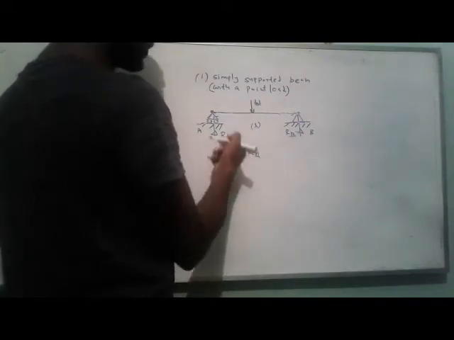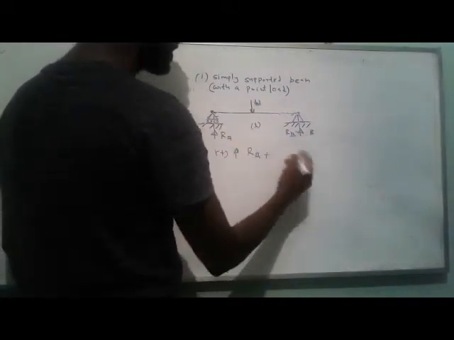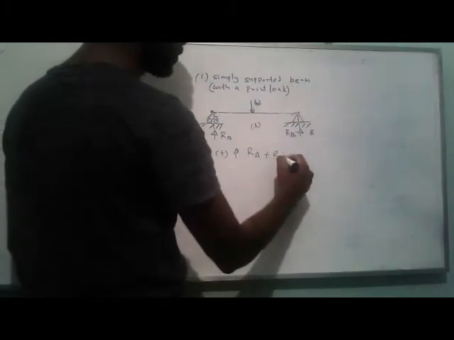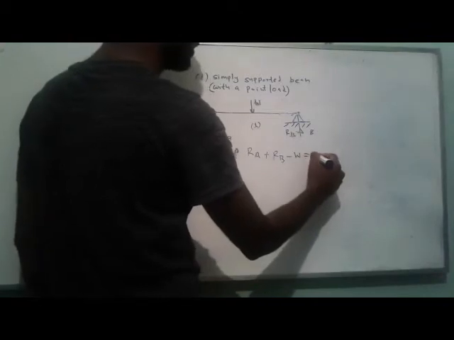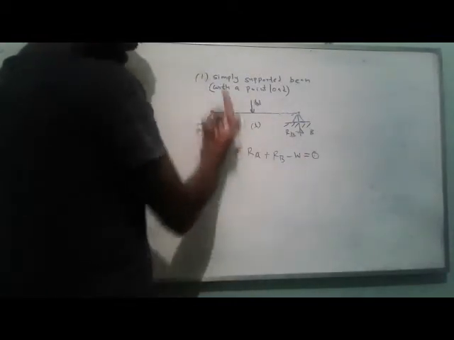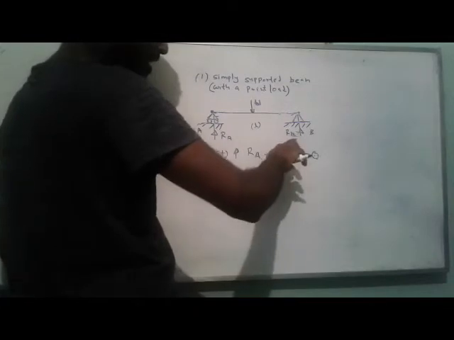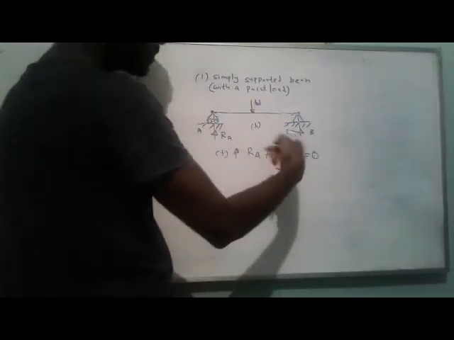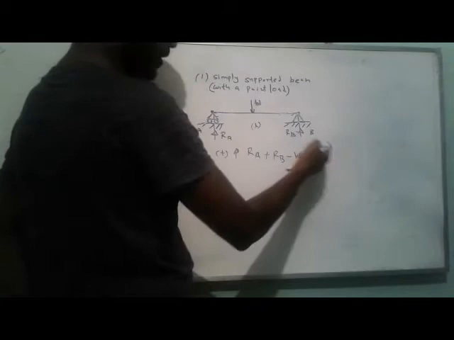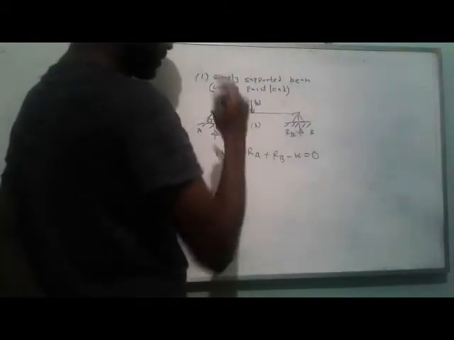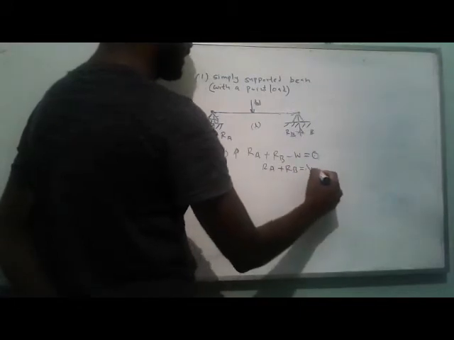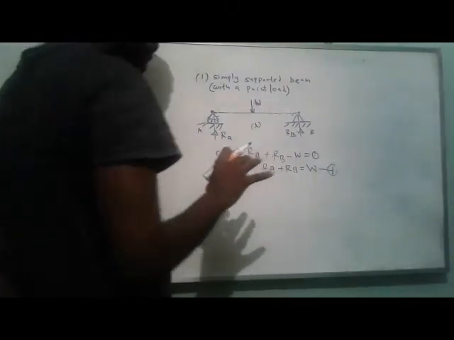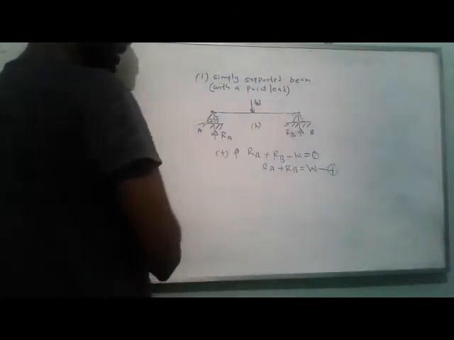Therefore, it is positive in the upward direction, and RB is also in the same direction, so it is also positive, and W in the downward direction is negative. All the forces in that direction have been considered. Therefore, it is equal to 0 due to the equilibrium of the system. So, RA plus RB is equal to W. This is the first equation. You have to remember that there are two unknowns.